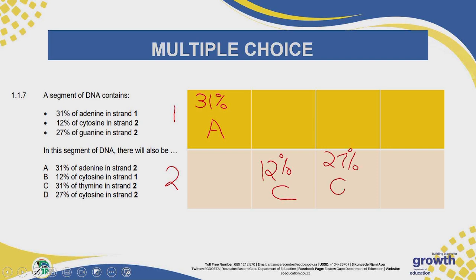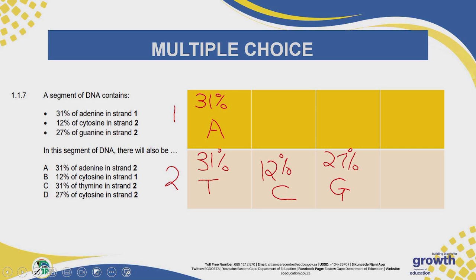of guanine. Okay, now what do we know about DNA even before we go to the question? We know that the amount of adenine will always be equal to the amount of thymine. So if it says 31% adenine here, it means that we are also going to have 31% of thymine in strand 2. Here it says 12% of cytosine, meaning that we are going to have how many guanines here?